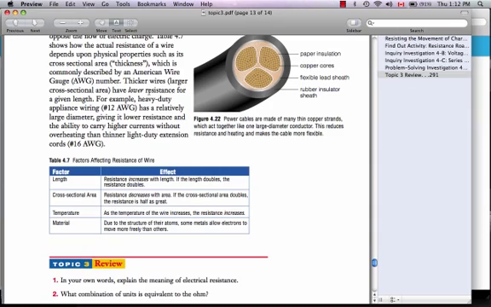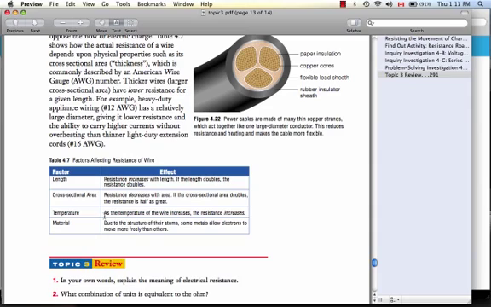So the bigger the wire, the thicker it is, the more lanes basically that the electrons can flow down and the faster they flow, like traffic. Do you have a tiny 1-lane highway or do you have like a big huge 5-lane highway? The 5-lane highway would allow traffic to flow faster, less resistance than the 1-lane highway.